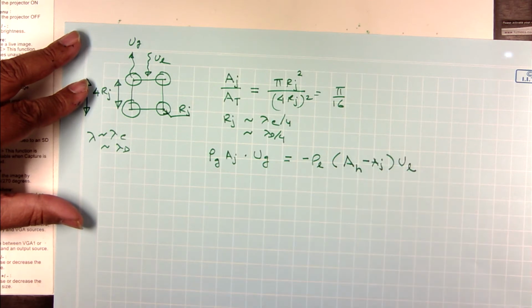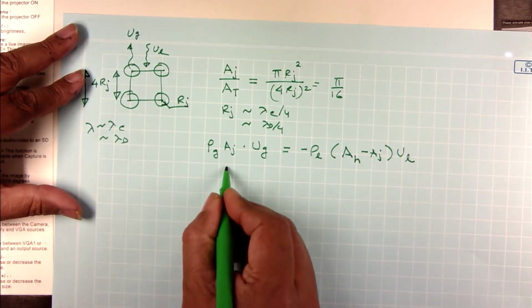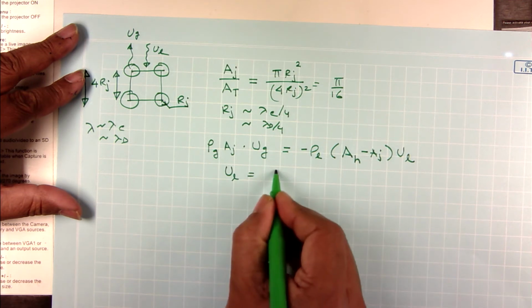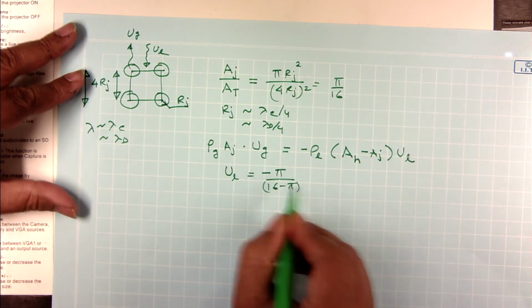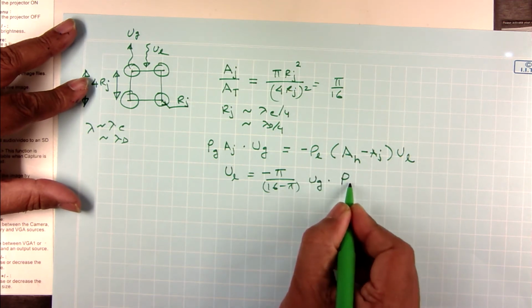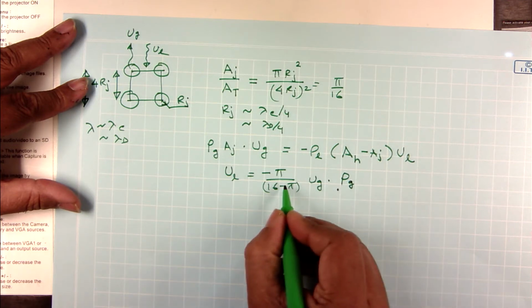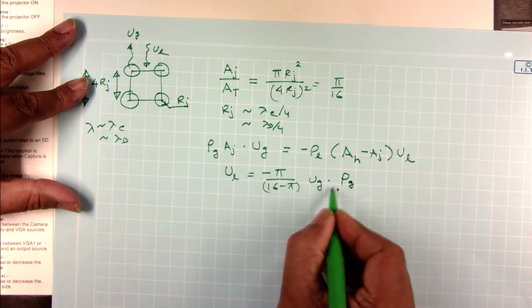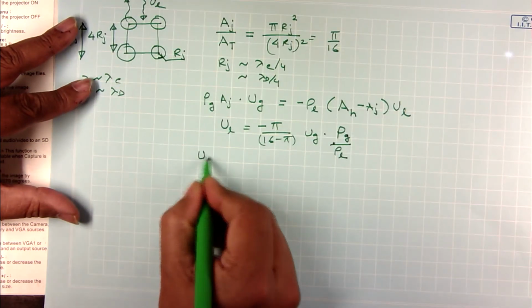So, in that case your UL becomes equal to pi divided by 16 minus pi with a negative sign times UG times rho G divided by rho L.